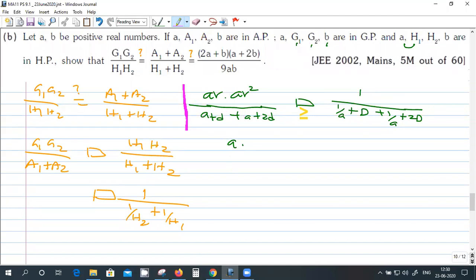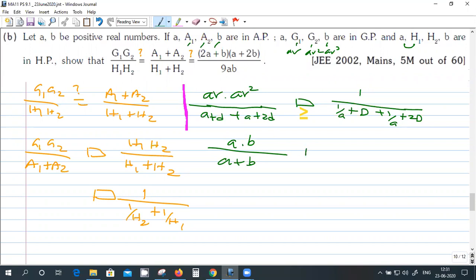Now we can write A into AR cube as the numerator, because G1 is A into R, G2 is AR square, and then B is AR cube. Is that right? Okay. So A into AR cube, I'll write as A into B. Similarly, the denominator is A plus 3D, right? So this is A plus D, this is A plus 2D, and this is A plus 3D. So it is A plus B.